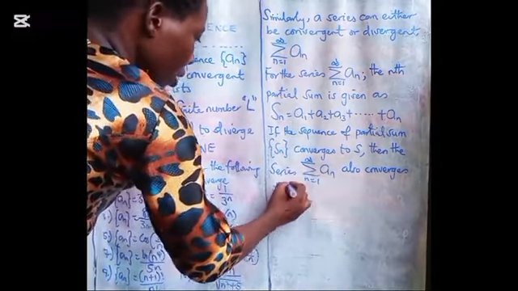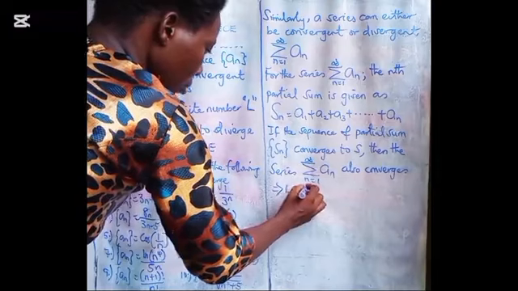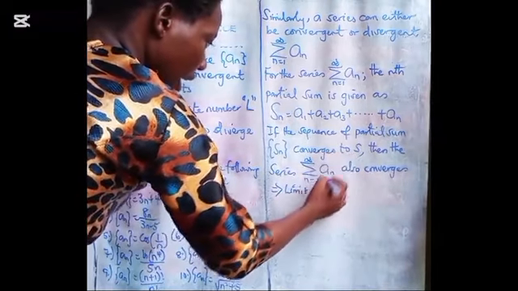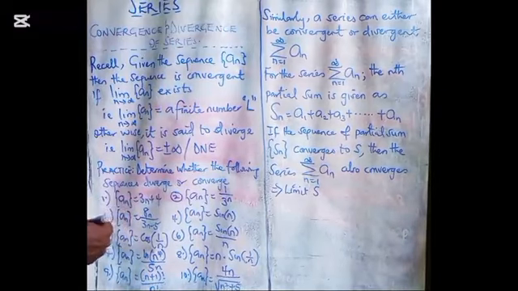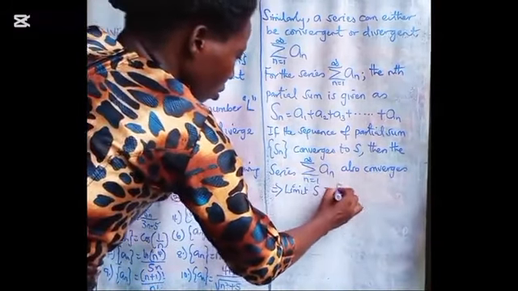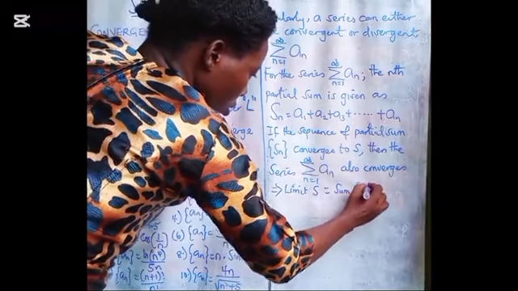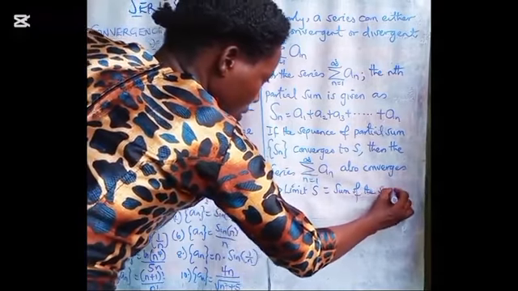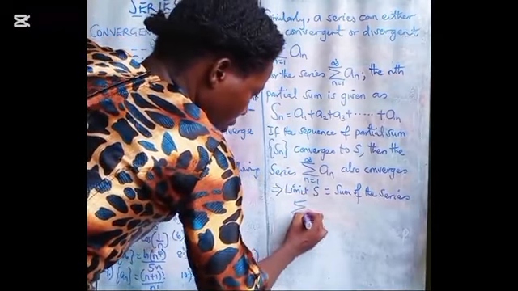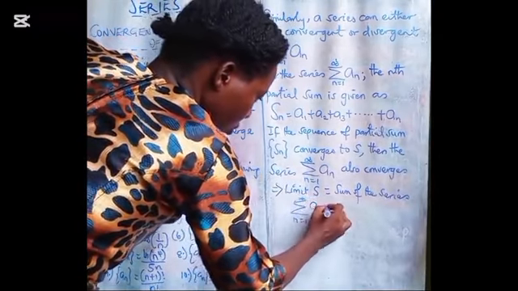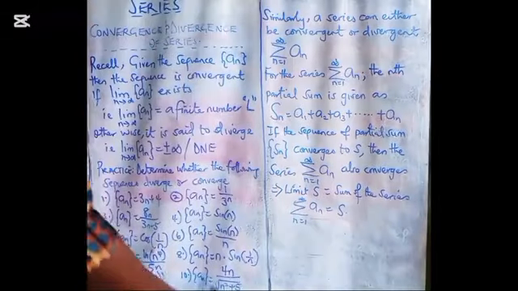This means that the limit S equals the sum of the series. That is summation n equals 1 to infinity of A sub n equals S.